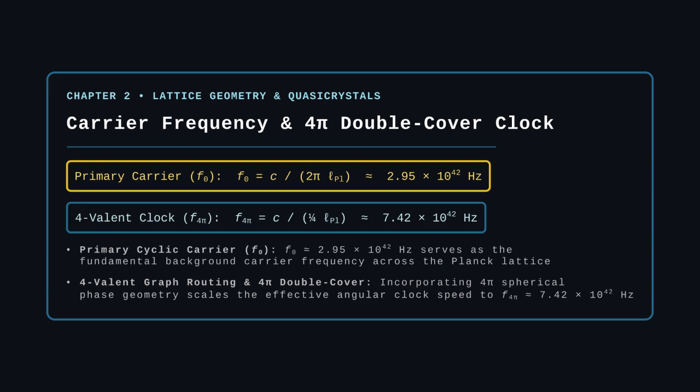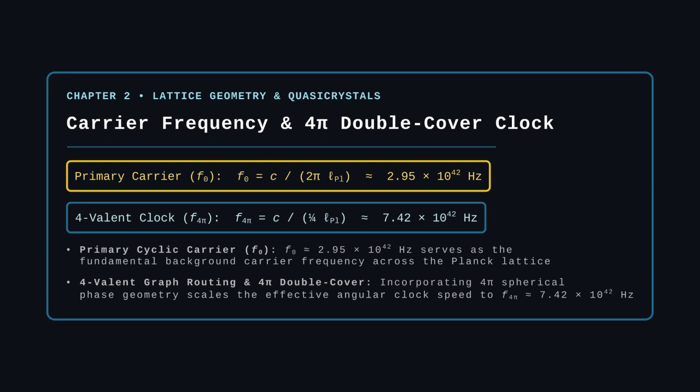As noted, in 4-valent graph routing topologies incorporating a 4-pi spherical double-cover phase geometry, the effective angular clock speed scales to f4 pi, approximately equal to 7.42 times 10 to the power of 42 Hz, while 2.95 times 10 to the power of 42 Hz serves as the primary cyclic carrier frequency, f0. This baseline oscillation rate establishes the fundamental clock speed of the spatial hardware.